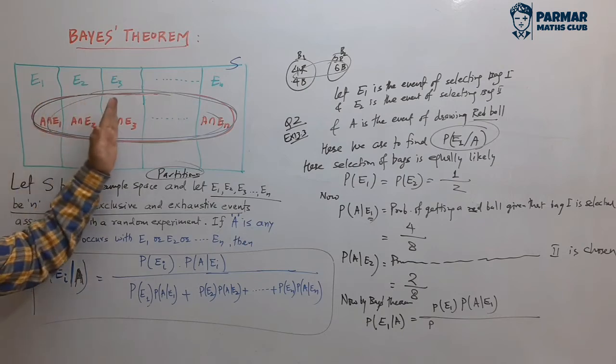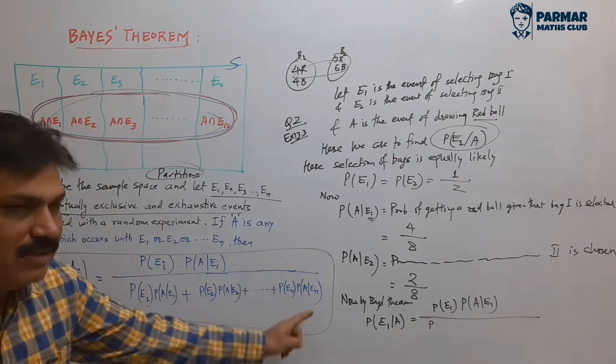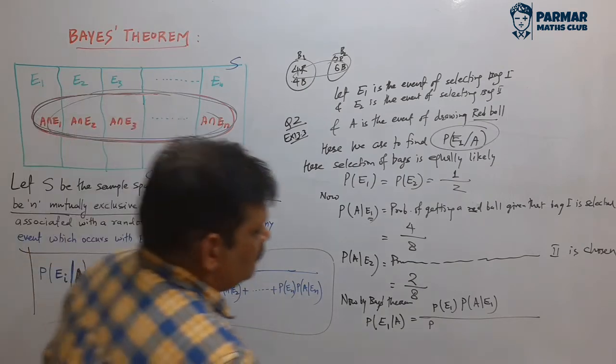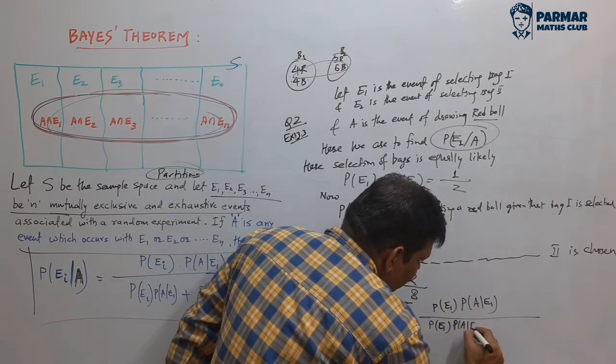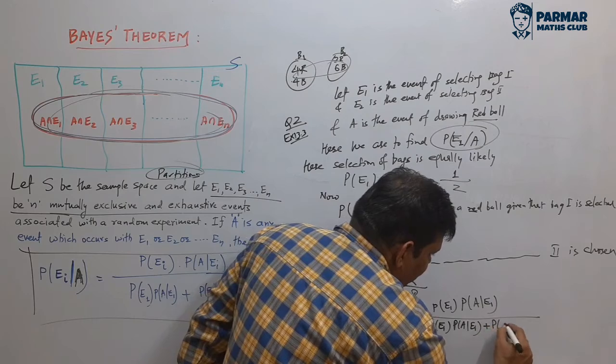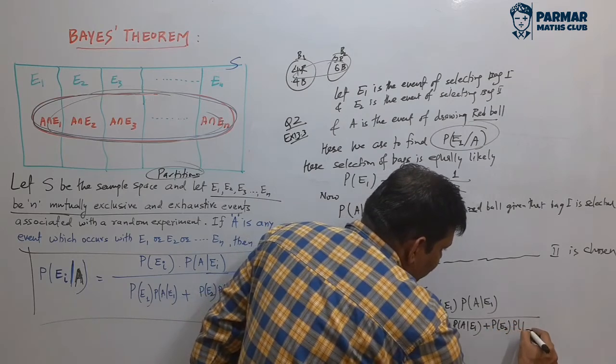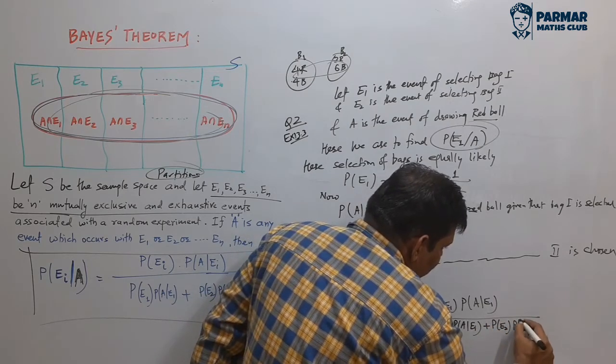If we had three partitions, then E1, E2 and E3.